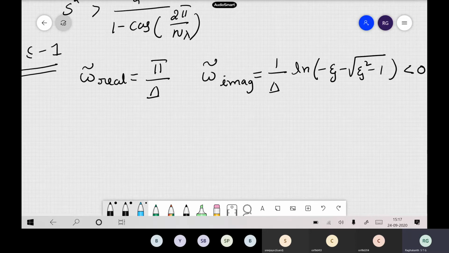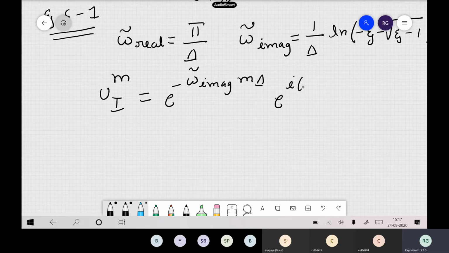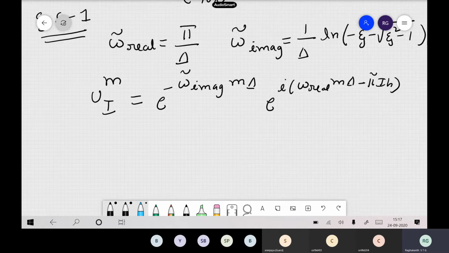So if you see this expression, u_i of m was e to the power of omega imaginary m delta, and then we had i into omega real m delta, minus k hat i h. So this is our expression.